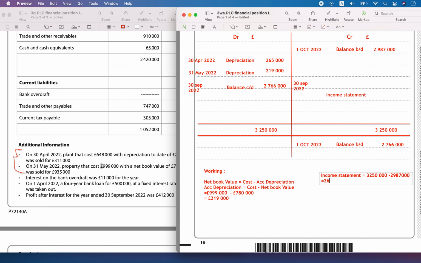So the difference is equal to 263,000. This much amount I will transfer to the income statement, so 263,000.